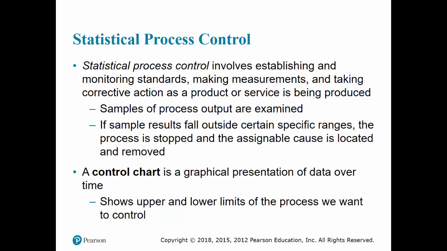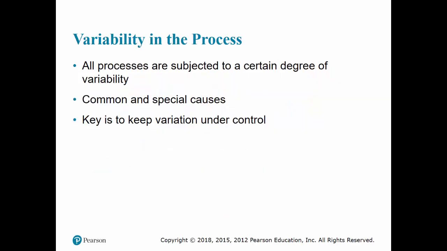So statistical process control is about monitoring a production process statistically. And if there is a statistical anomaly, then you are able to stop and intervene. That's the whole idea of statistical process control.